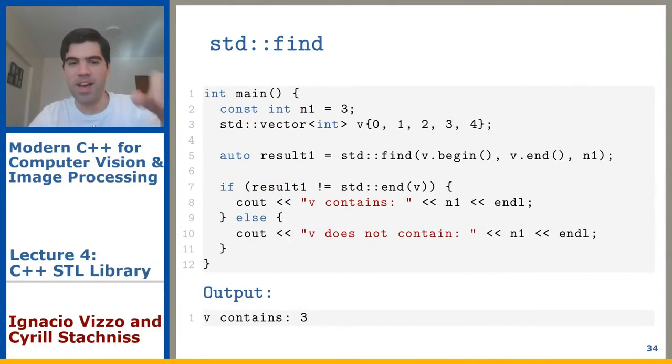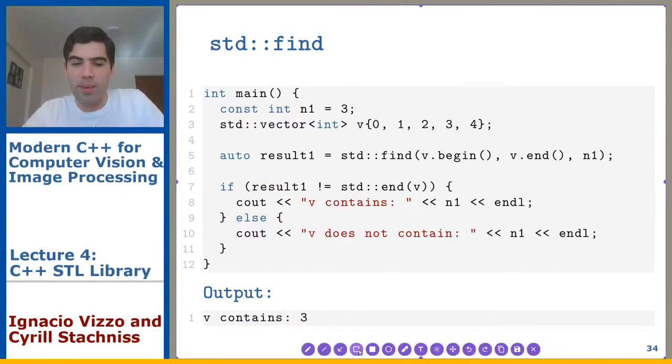Number 2, find. We have a vector, for example, with 5 elements, and we want to find if this element is in the vector. So we will call std::find, and provide the beginning of the container, then the end iterator of the container, and then the element we want to check. The result will actually be an iterator.